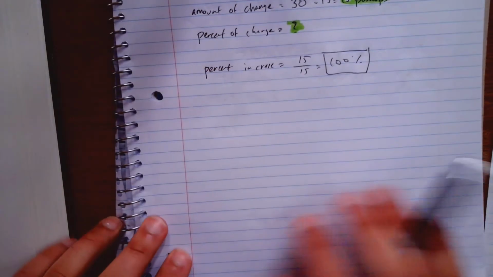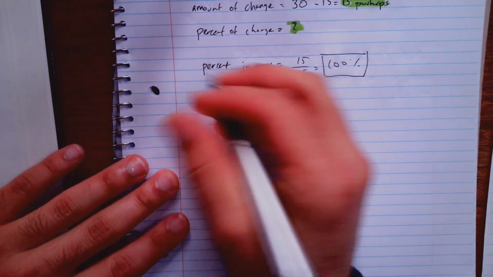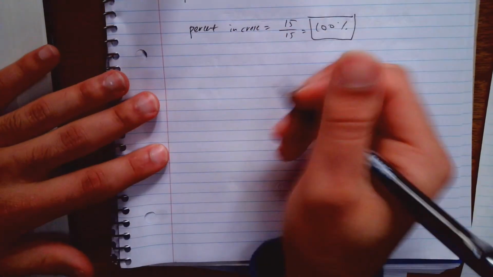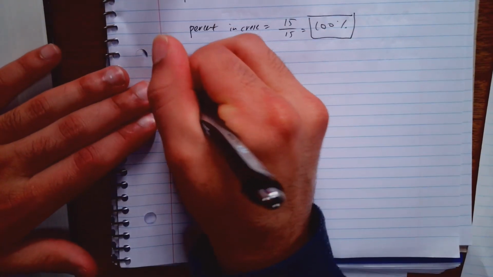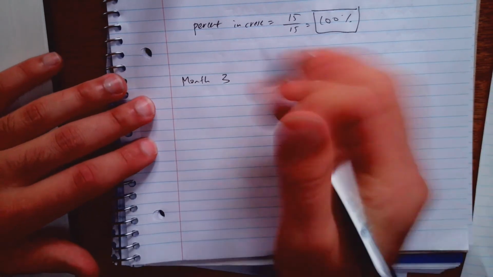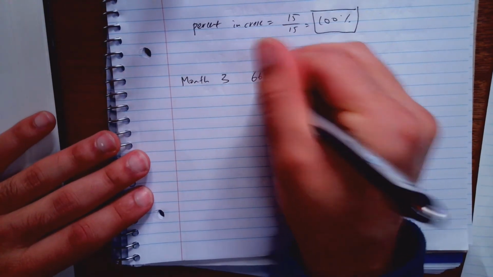So let's say I work and I sell baseballs. I work at Gits Bros. And on month 3, so on the third month of the year, we have 66 baseballs.